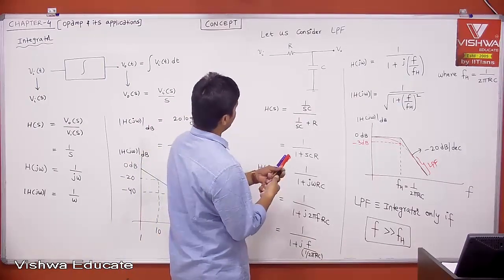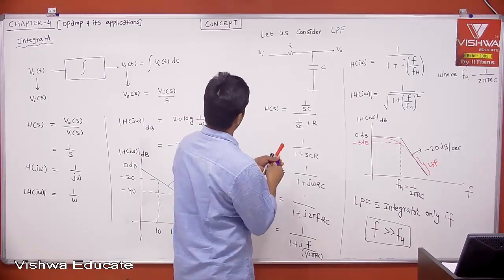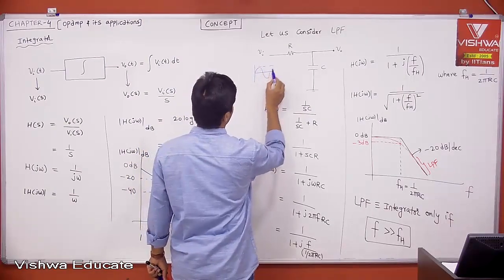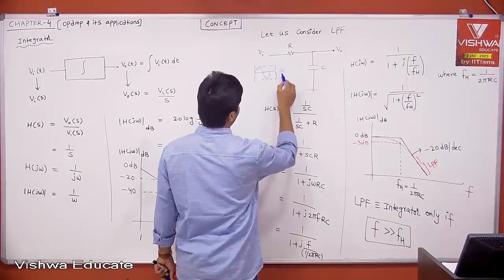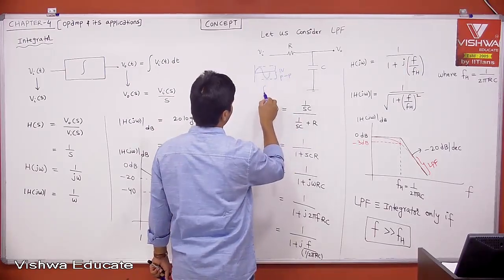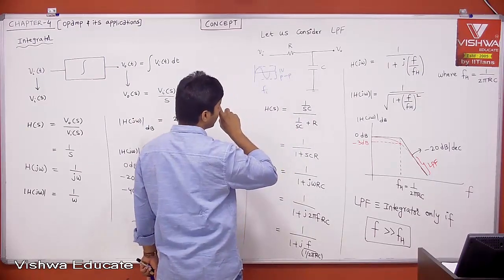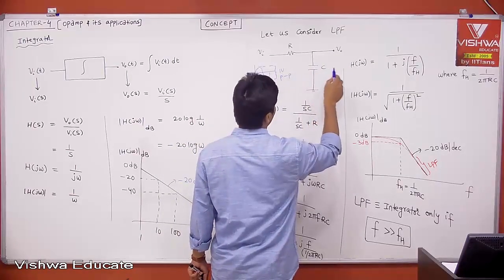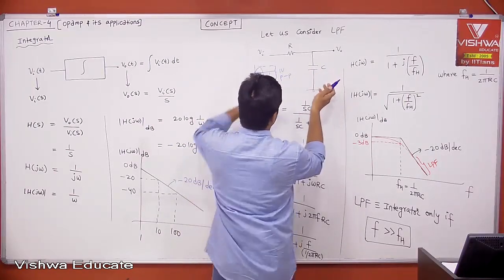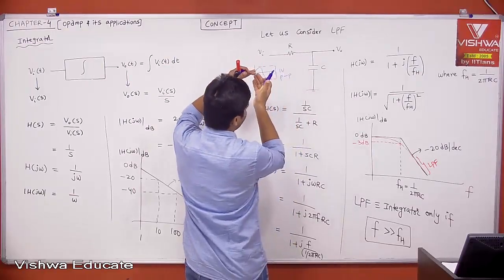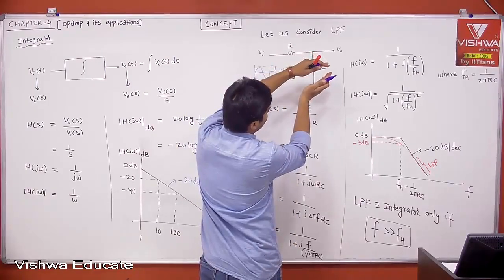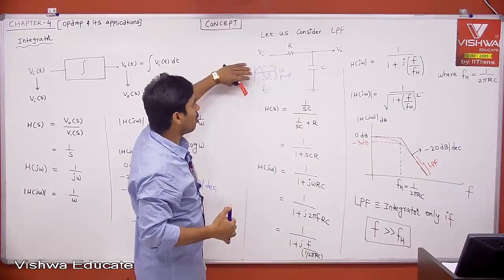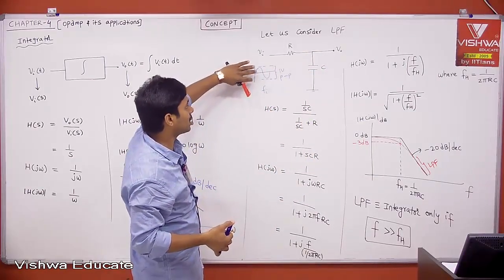Just for your understanding, if you apply a sine wave of 1 volt peak to peak, but with different input signal frequency Fi, what is expected? I am expecting almost the same 1 volt peak to peak, but as the input signal frequency increases, the output signal peak to peak decreases up to 0.707, meaning 70.7% of your input signal.